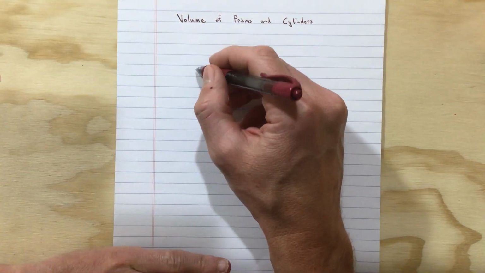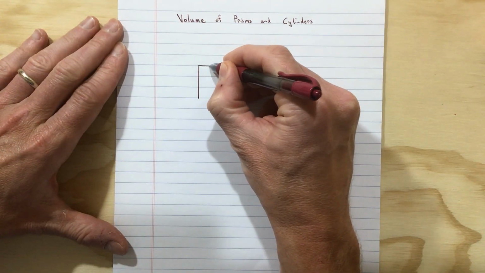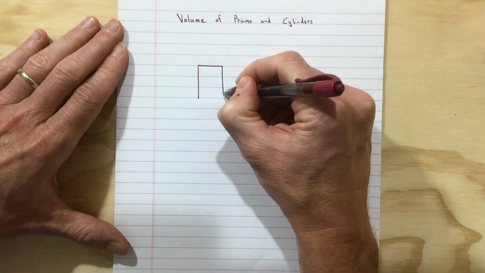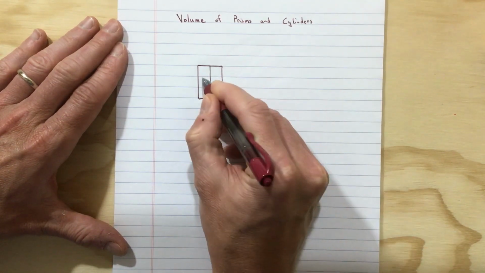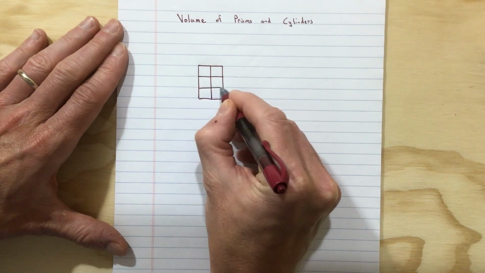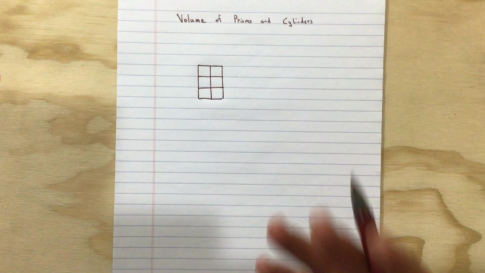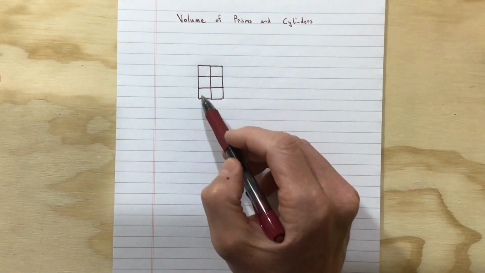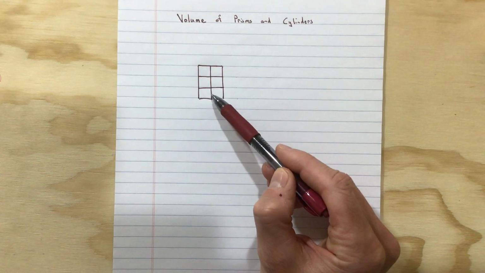So let's just kind of look at, let's draw something not too complicated, and it's not going to be perfect. Okay. So that's a 2D rectangle. It's a rectangle, which of course is 2D, and it's 2 by 3, and it has an area of 6.